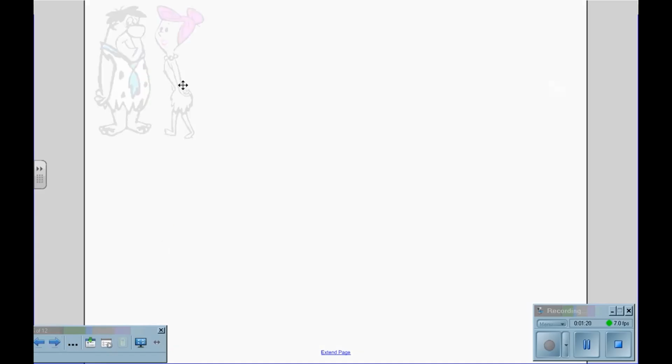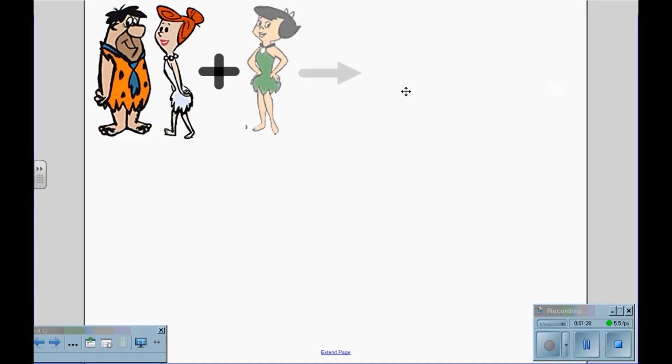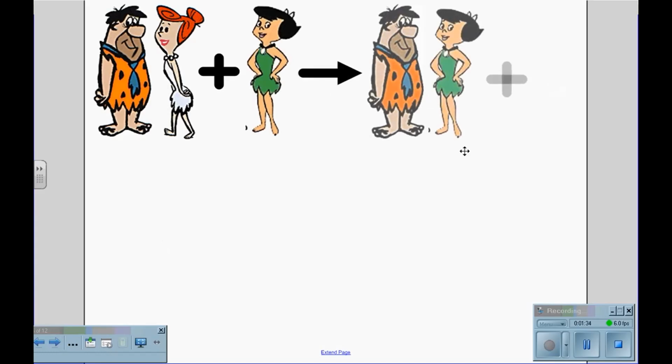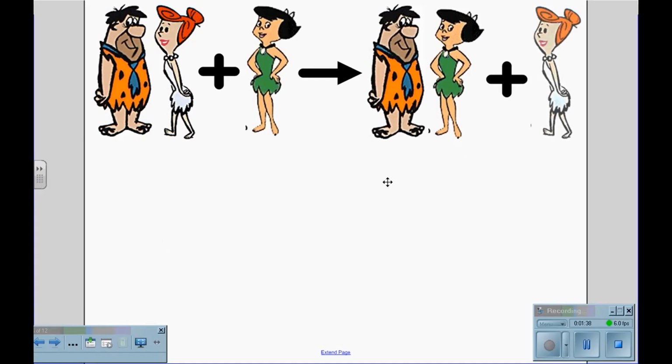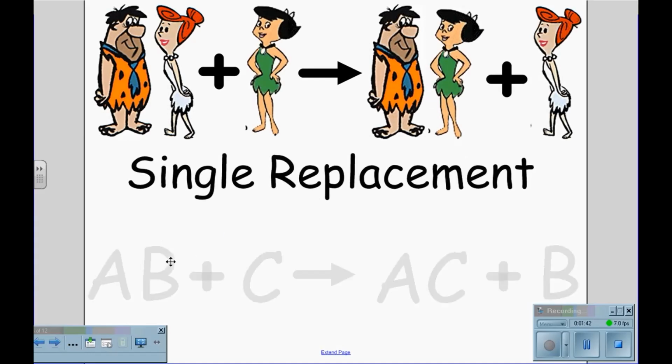If, however, the Flintstones went to a dance and they met up with Betty, and when Betty showed up, she ended up with Fred, leaving Wilma by herself, we would call this single replacement. We are replacing one part of the pair.